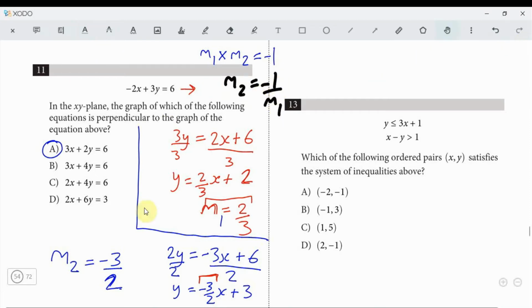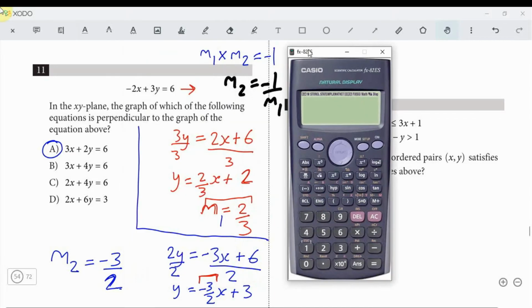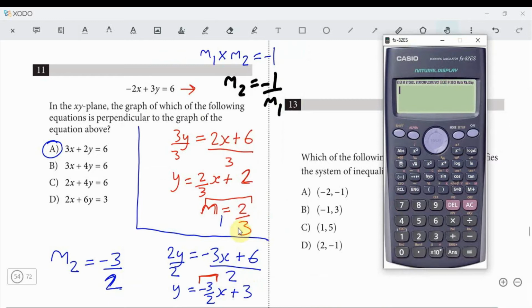So all you'd have to do is take out your calculator. For those who maybe haven't seen it yet, after you get the gradient is 2 over 3, take out a calculator and say negative 1 over 2 over 3. That's negative 3 over 2. So you're looking for which one has a gradient of negative 3 over 2. That would definitely be option A.